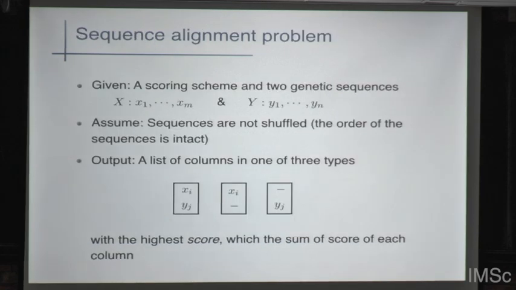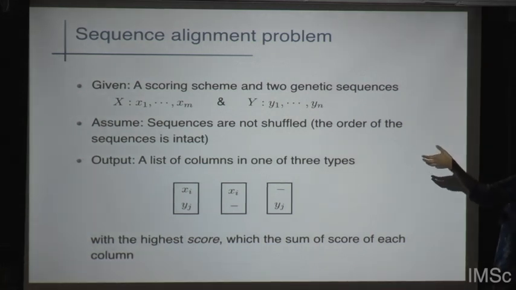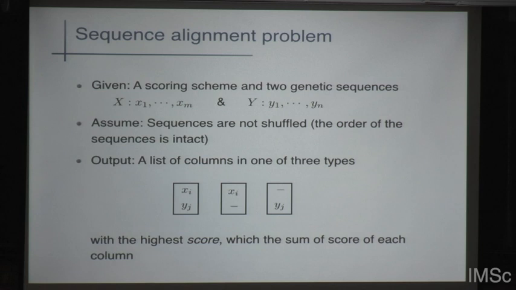Okay, so going back to the sequence alignment problem. This is what we spoke about. I'm going to go a little slower so that you can actually do the calculations yourself. We have two sequences, size m and n, and you want to output finally a list of columns. Each letter is either aligned with another letter from the other sequence or with a gap.